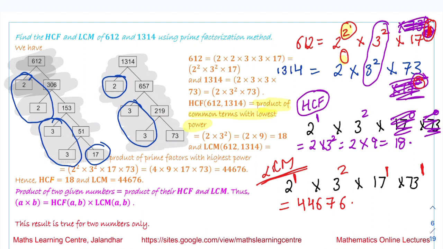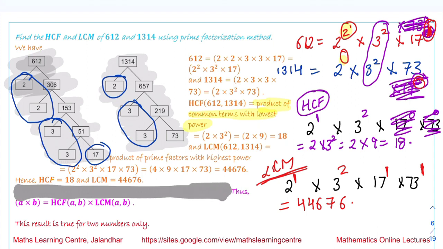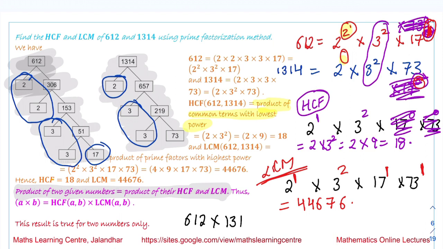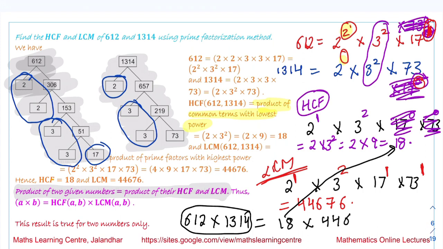Now next a result is given to us, that the product of two given numbers is equal to the product of their LCM and HCF. It means we are talking about 612 into 1314, the product of two numbers, that is equal to 18 that is the HCF, into 44676, the LCM. Product of HCF and LCM of these two numbers.